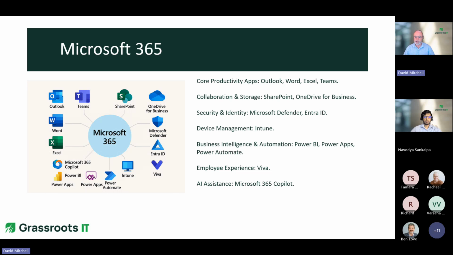With security and identity, there's Microsoft Defender and Entra ID. We have device management with Intune, business intelligence with Power BI, Power Apps, and Power Automate, communications and employee experience with Viva, and for AI, we have Microsoft Copilot. Today, we're going to be staying within SharePoint.